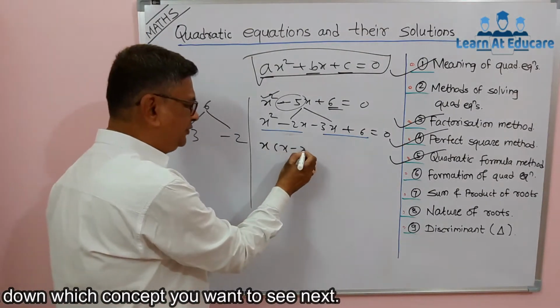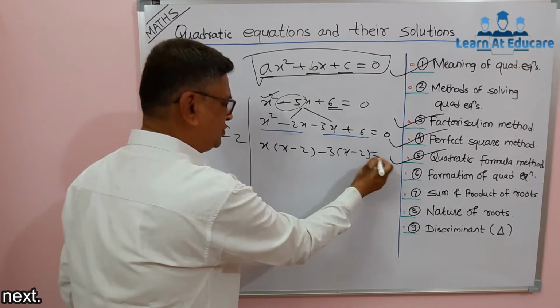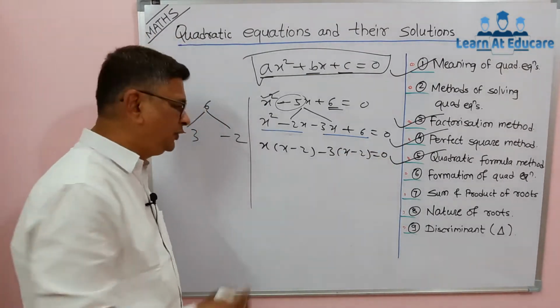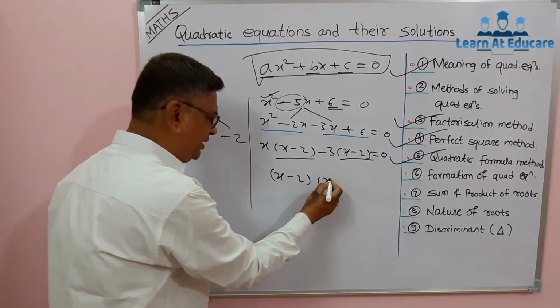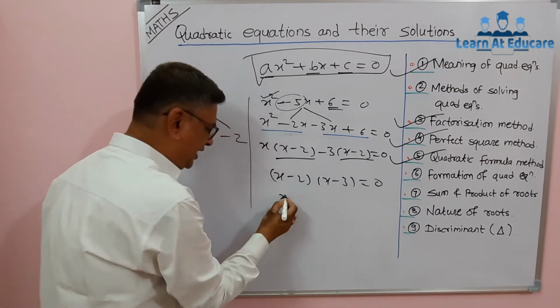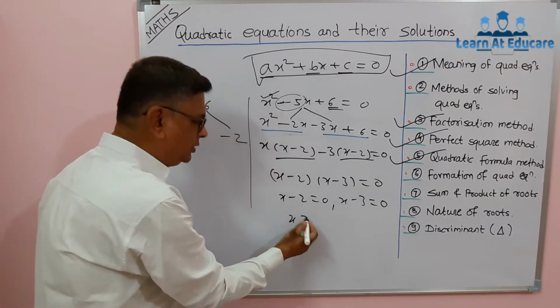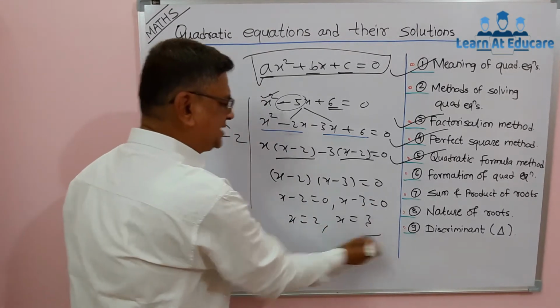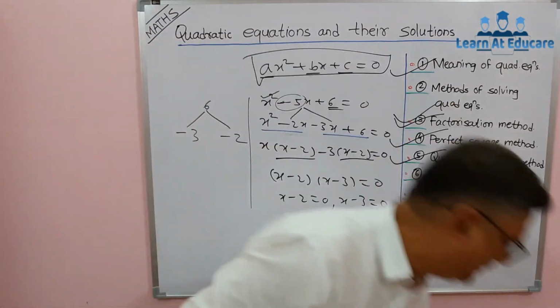If x is taken common, we will get this, and from the last two terms we have a common factor too. Then you will find the common bracket (x − 2), and the remaining terms in the other bracket. The product of two brackets is 0, which means either the first bracket is 0 or the second, so from that we will get x = 2 or 3. That is the simple factorization method.